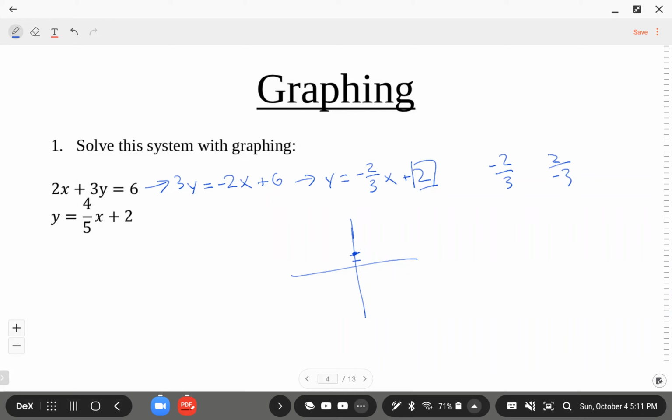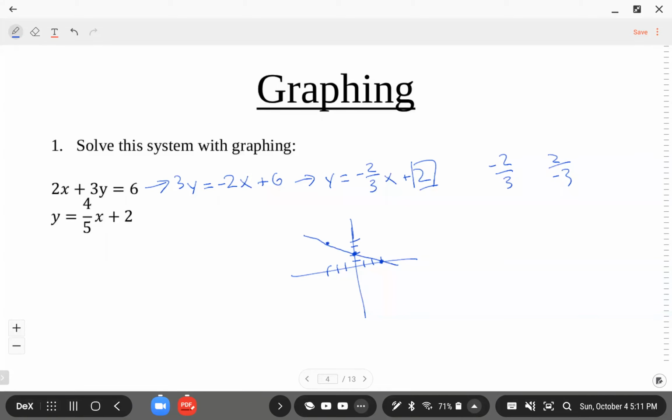First, negative 2 is the y, so go down by 2 and then go to the right by 3. 1, 2, 3. There we go, that's our point. Then with positive 2 and negative 3, go up by 2, left by 3. 1, 2, 3. Something like that, and it forms a straight line, right?